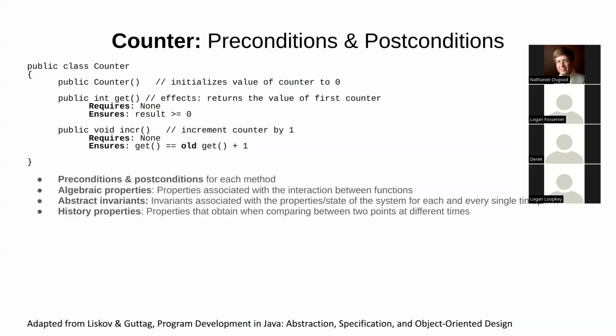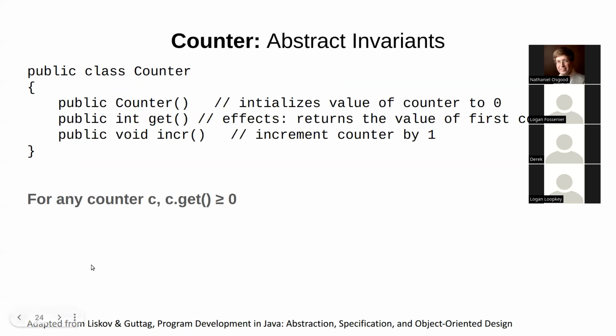Could it be 0 itself? Yes, if it was what? Just instantiated. Maybe get has been called a few times on it, but increment has never been called. Could it be 100? Yeah. Could be any value 0 or more. Do you get that point? So here as an abstract invariant, it's greater than or equal to 0.